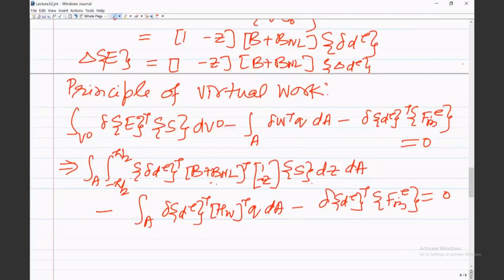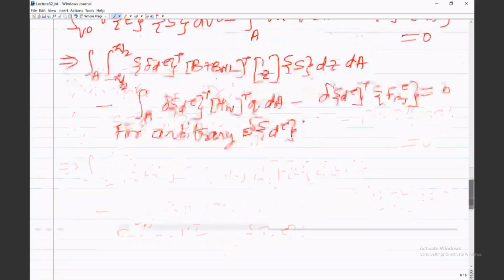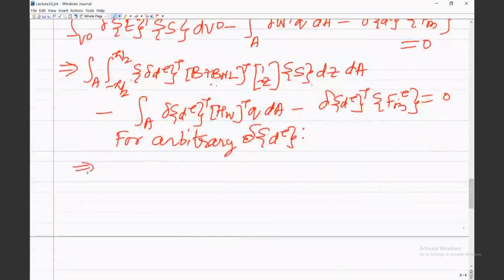So now from this we develop the element level governing equation, because delta D is arbitrary. So the coefficient of delta D has to be a null vector, and from there we get the element level governing equation. So for arbitrary delta DE, we get the equation which we call the element level governing equation.